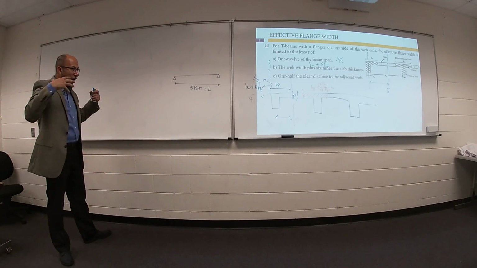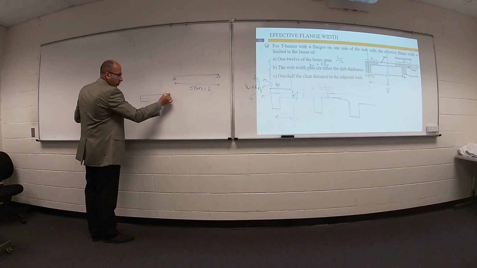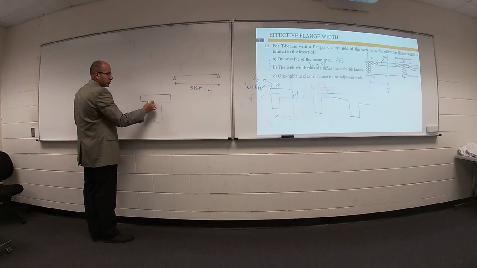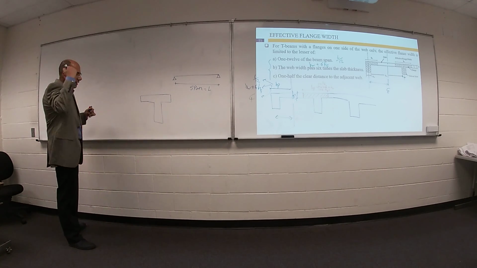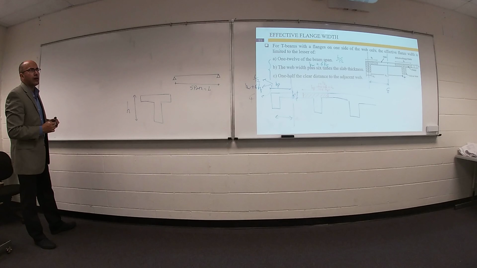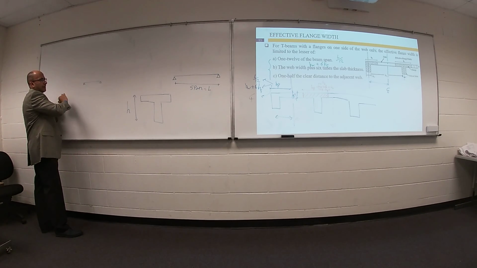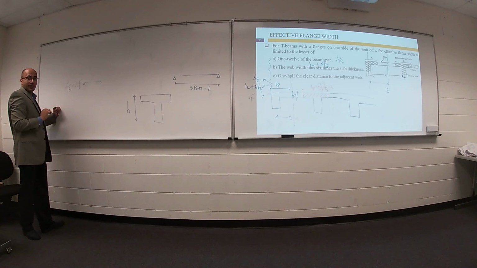So we are trying first to determine what is your cross-section dimension. Anybody remember how we can get the total thickness, H? If your beam is simply supported, your total H equals span divided by 16.